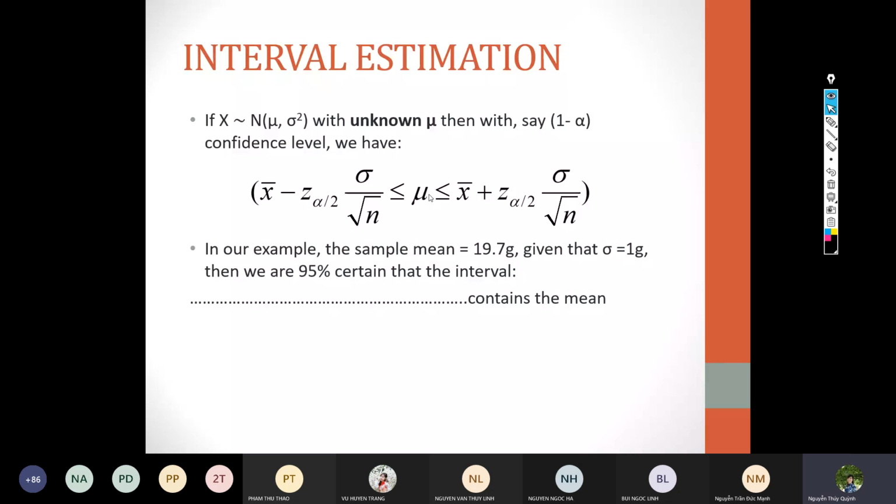What is the z 0.025? What is the value of that critical value? 1.96.